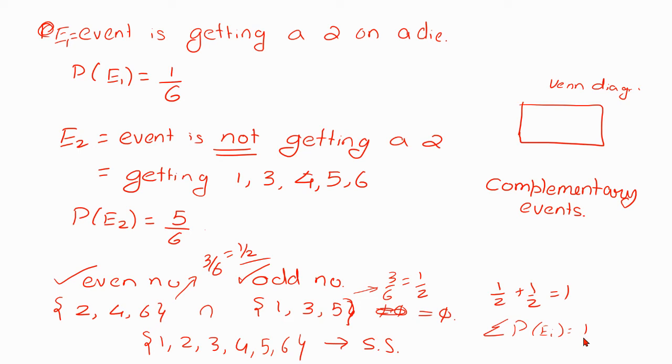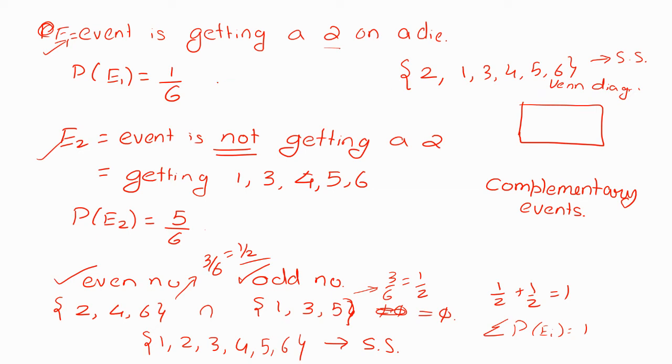Okay, now similarly in this case, the event is getting a 2 and the other event is not getting a 2. If you bring this together, the 2 and all the remaining favorable outcomes, that is 1, 3, 4, 5, 6, this is the entire sample space. That's why this event E1 and this event E2 are complementary events.